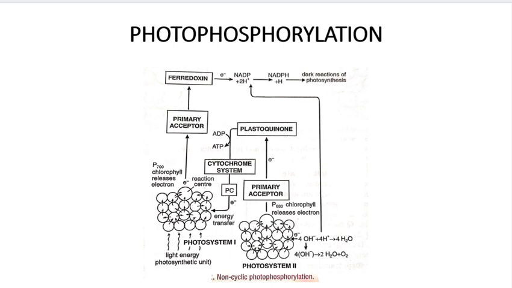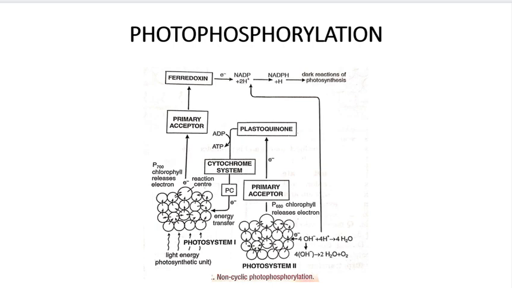Oxidized P680 returns to its ground state by regaining the electrons released by photolysis of water. Oxidized P700 comes back to its ground state by gaining electrons donated by oxidized PC associated with photosystem 2. You can see the various steps here.